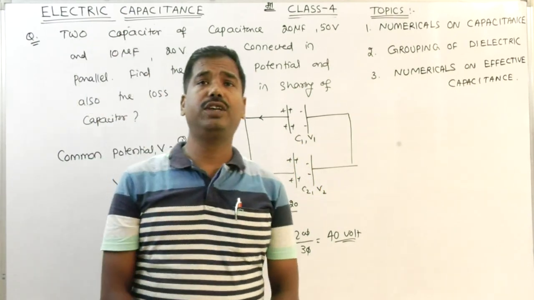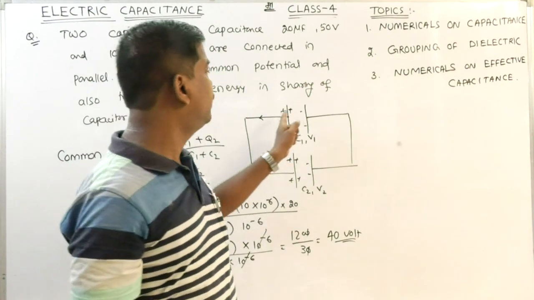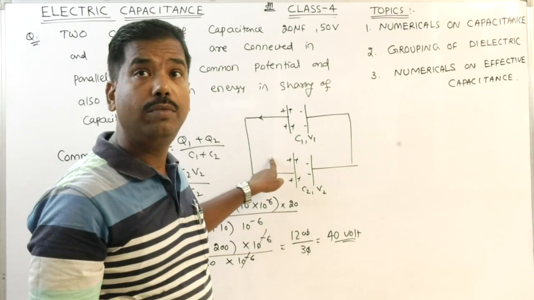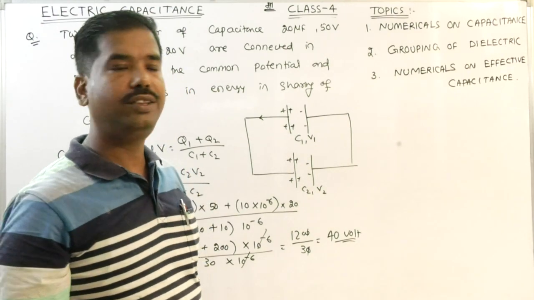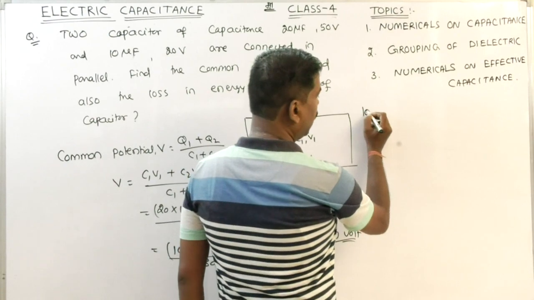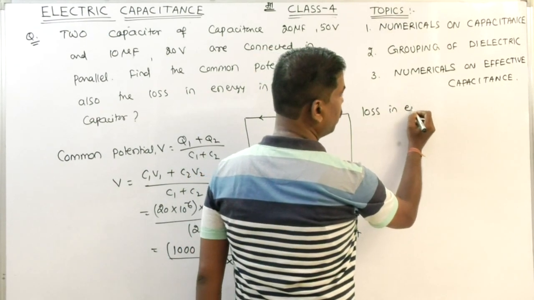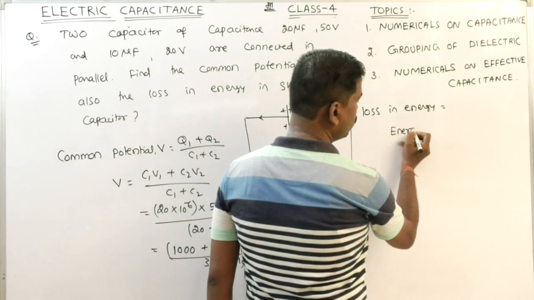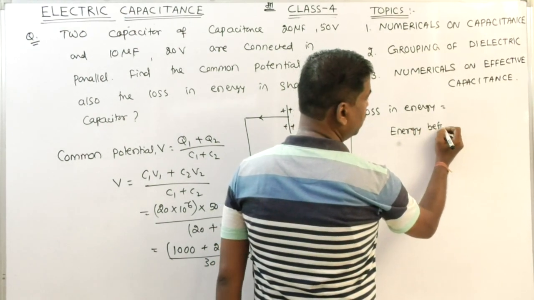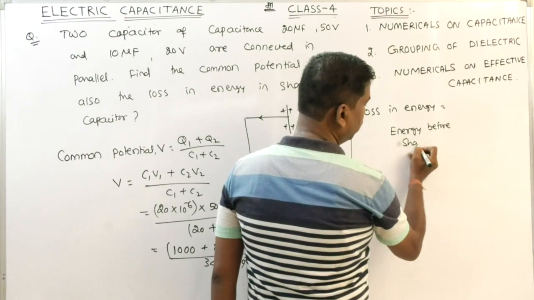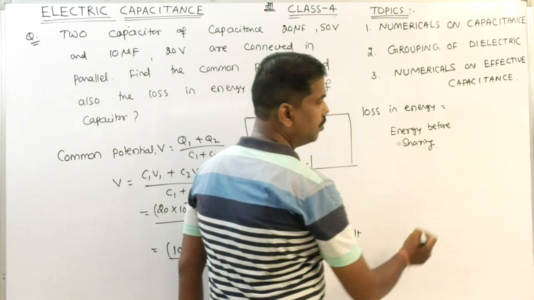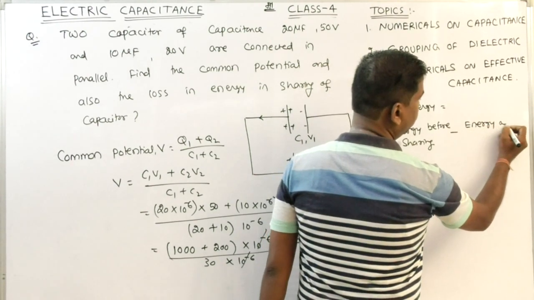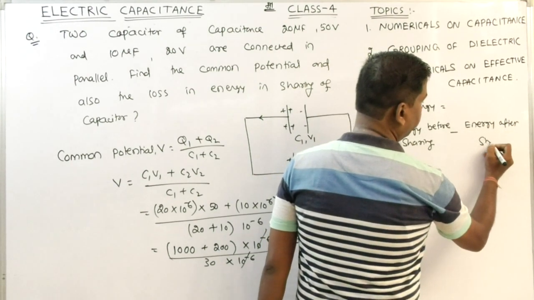Now, whenever there is a sharing of charge, when charge flows from one capacitor to another, it means there is some loss in energy. That loss in energy is equal to energy before sharing minus energy after sharing.